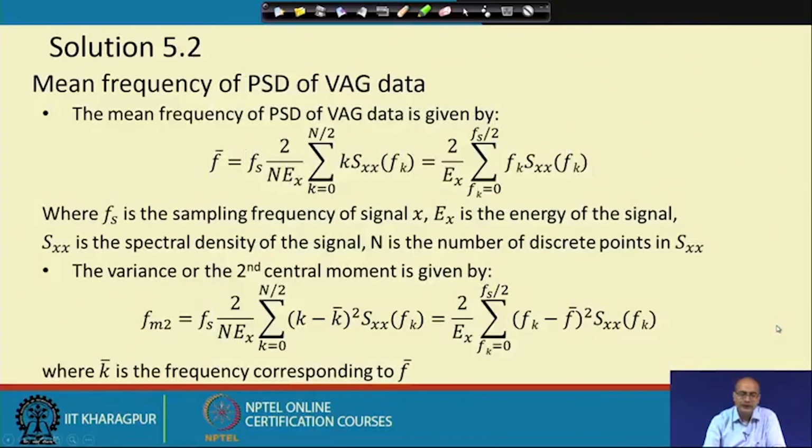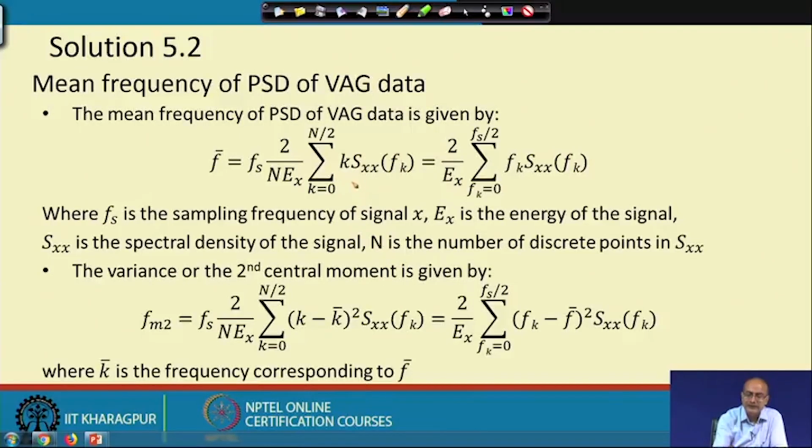Now we go for the next task, that is we have to compute the mean frequency, and then we have to compute the variance. So, how do you compute the mean frequency? Here is the equation given.